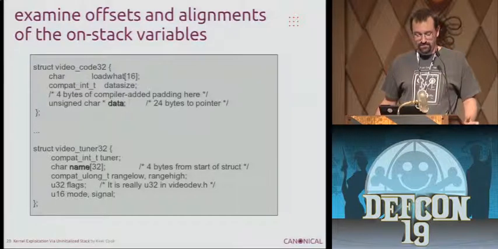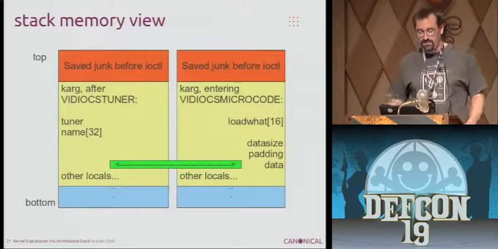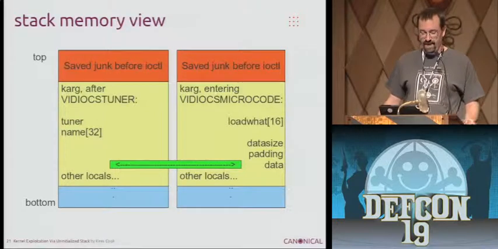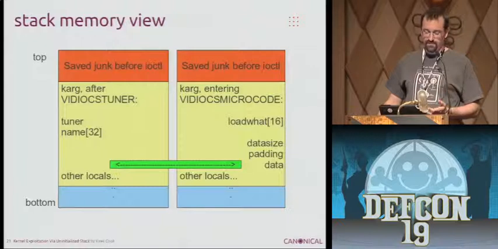And it was relatively straightforward because in video tuner, there was this large name string. So looking at it more graphically, there's all the crap before the I/O control on the stack. And then after we've returned from the tuner I/O control, what's left on the stack is whatever we had put in that structure.